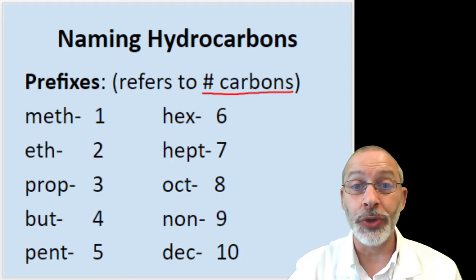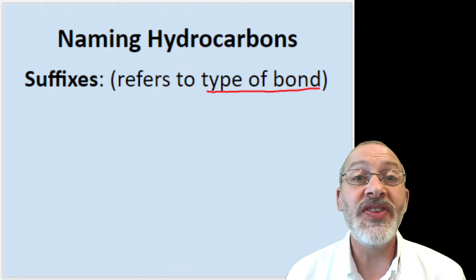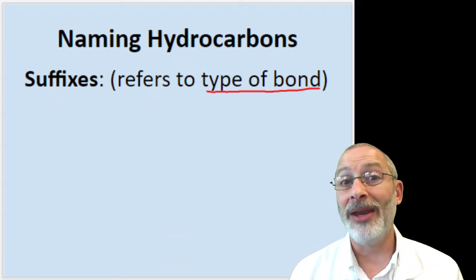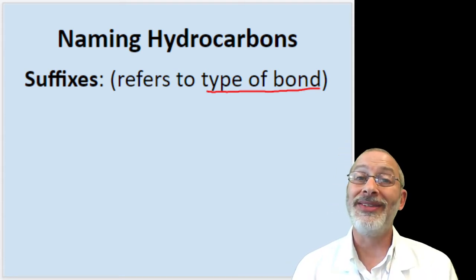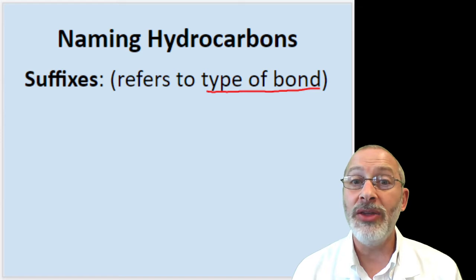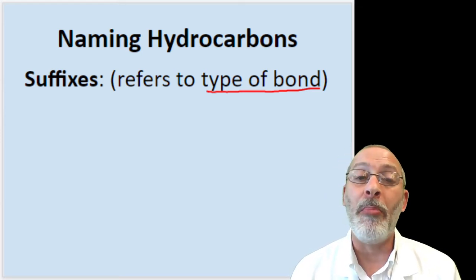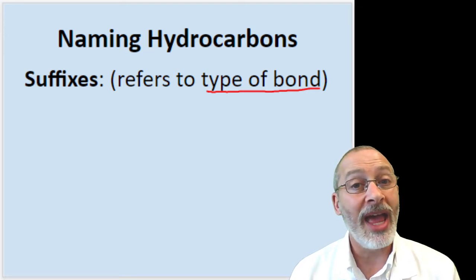All right, so what do we do with these prefixes? Well, we put them together with suffixes. And the suffixes also have an important meaning in organic chemistry, because it is the suffix that will tell you what type or kind of bond exists between the carbon atoms.